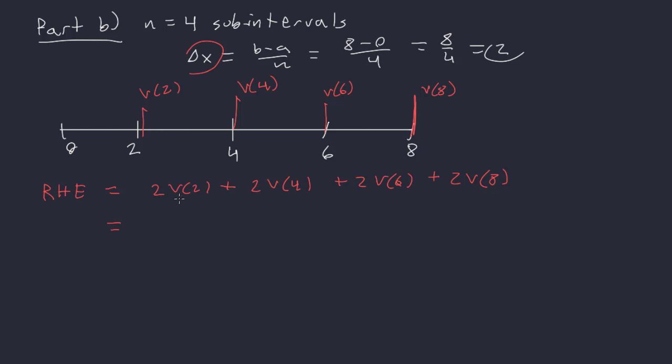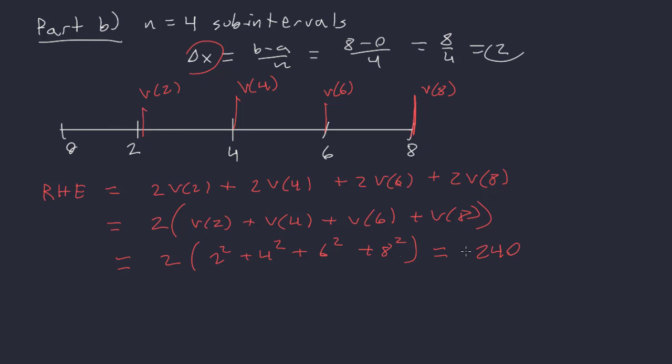So notice we could actually factor out the 2 and just have 2 times v of 2 plus v of 4 plus v of 6 plus v of 8. Okay, and so this will be 2 times 2 squared plus 4 squared plus 6 squared plus 8 squared. All right, which gave us 240 when we sum that up.